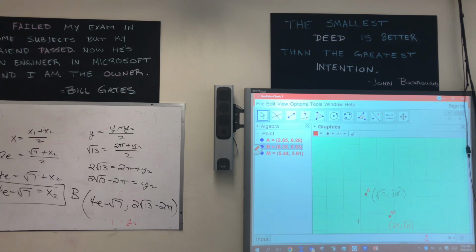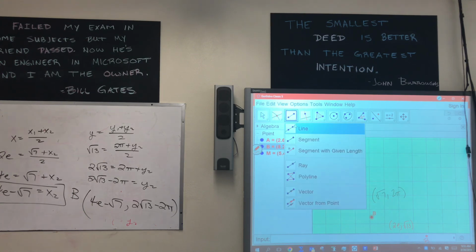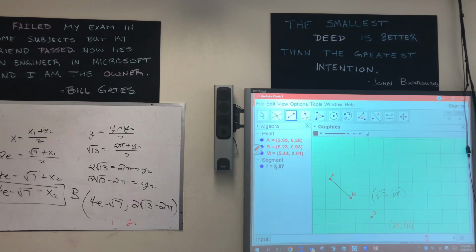I'll put B in here, and you see where B is located. Does that look like M is the midpoint? And if I ask it to find distances, A to M is 3.87, B to M is 3.87. Now 3.87 is rounded to 2 decimal places. It is an irrational number as well.